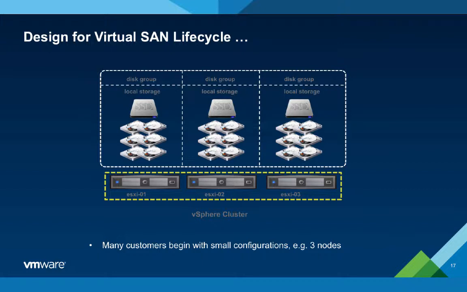Because although you might be able to start with the standard 3-node minimum for vSAN, that might not be where the customer needs to be on a go-forward basis.